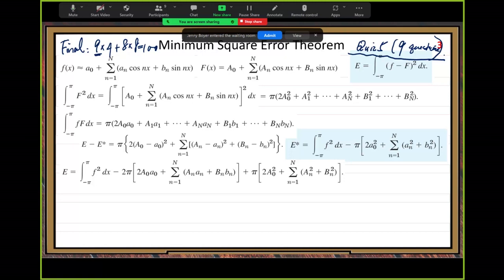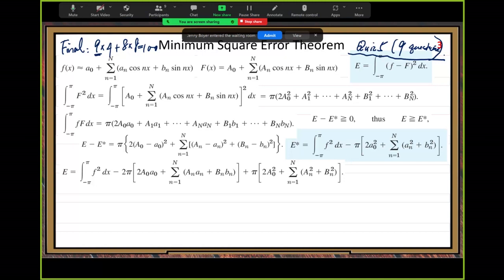You can see the structure. A sum of complete squares is non-negative, that's a simple property. So E minus E star is always greater or equal to 0, so E is always greater or equal to E star. That means our E star is the minimum error.